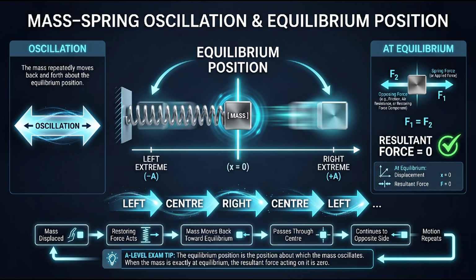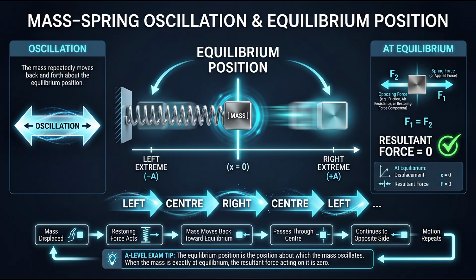This resultant force produces acceleration towards equilibrium. As the mass approaches equilibrium, the restoring force becomes smaller. At equilibrium, the relevant forces balance, and the resultant force becomes zero. But because the mass is moving, it can pass through the equilibrium point and continue to the other side.